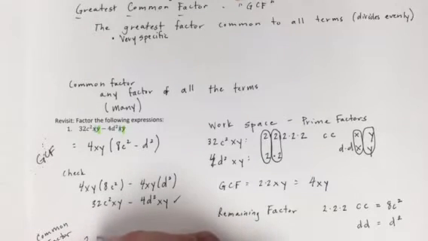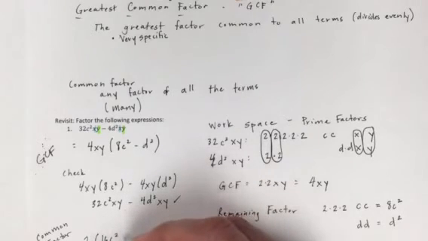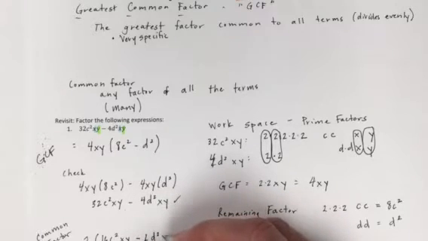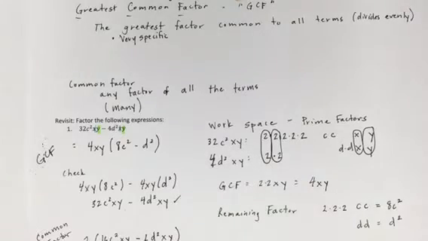I could have just factored out a 2, and then I would get 16c squared xy minus 2d squared xy. That's just one of many that you can choose from. I could have chosen to factor out just the x and the y. And then I would have 32c squared minus 4d squared.